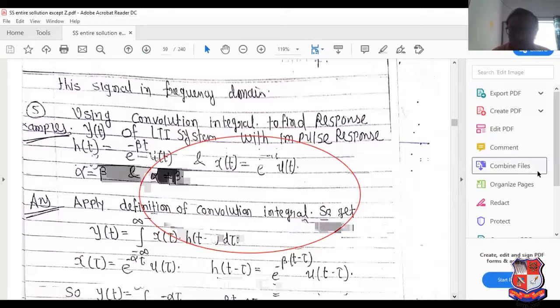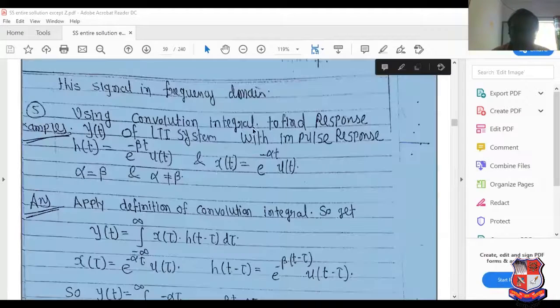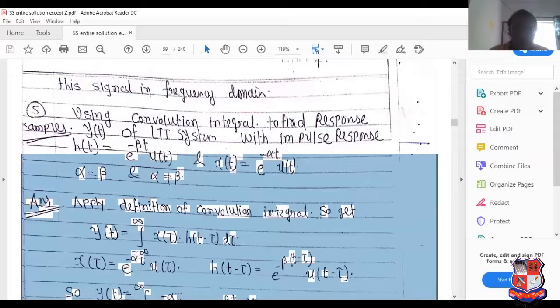Now see here, using the convolution integral, determine the response of the LTI system with an impulse response h of t equal to e raised to minus beta t u of t and x of t equal to e raised to minus alpha t u of t, where alpha equals beta and alpha not equal to beta.